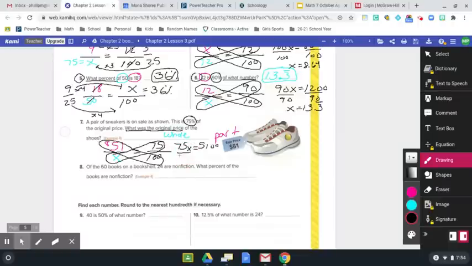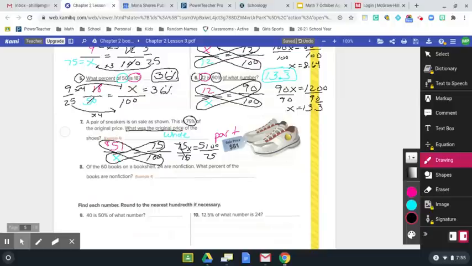Now, if I'm going to solve, I'm going to divide by 75 here. And so x is going to equal, and this is where we divide this out, 5,100 divided by 75. And you're going to get 68.